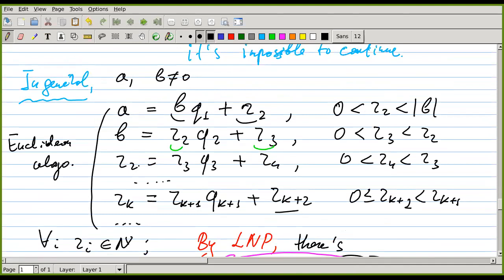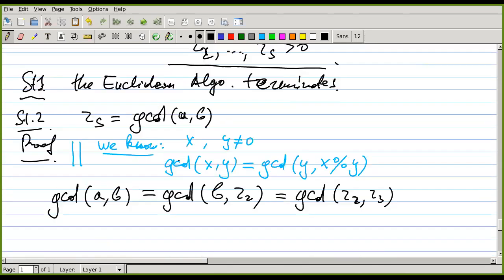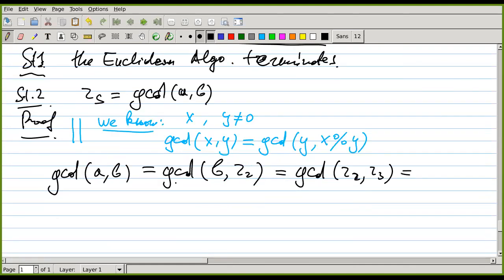And then we will divide R2 by R3 with the remainder R4. So here we will obtain the greatest common divisor of R3 and R4, and so on and so forth.